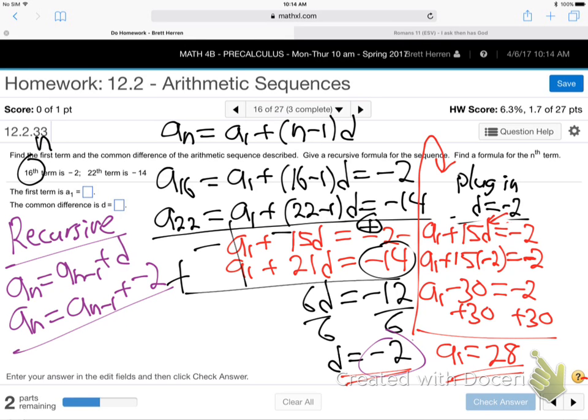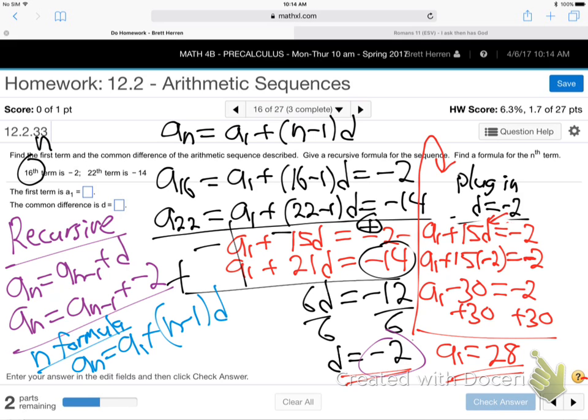That good to there? And then the n formula. The n formula is going to be a sub n is a1 plus n minus 1 times d. So they're going to ask you for both formulas.